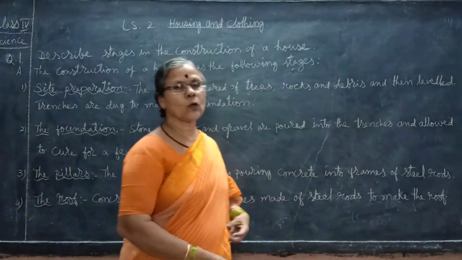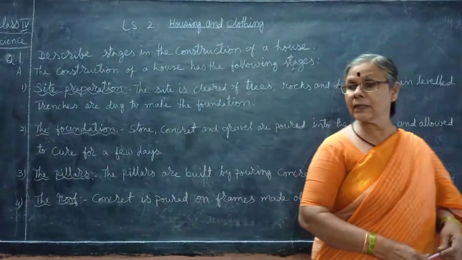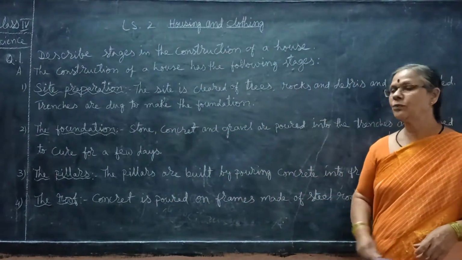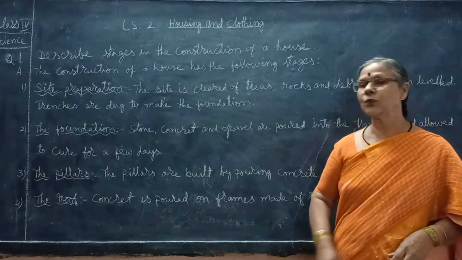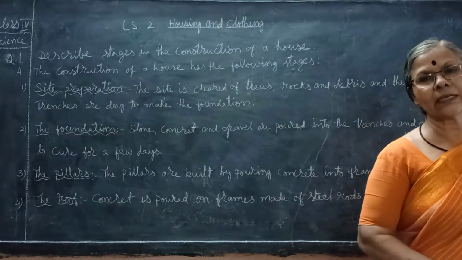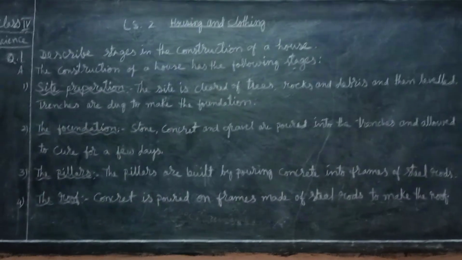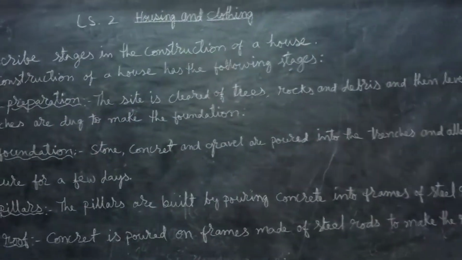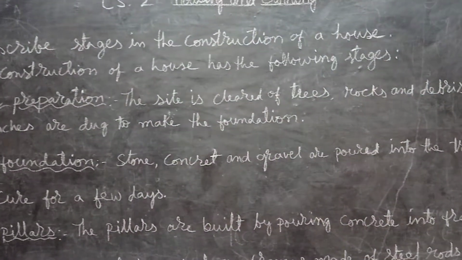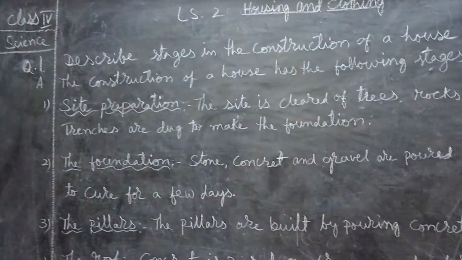Now you all can copy this. First 4 stages are there. Afterwards we'll write 4 more stages, that is total 8 stages. I'll give you some time to write these answers.